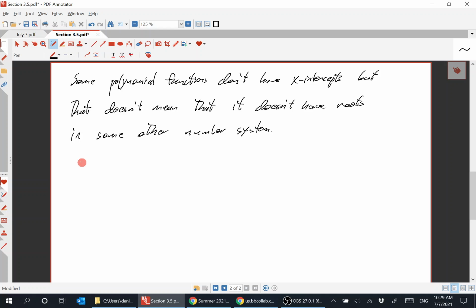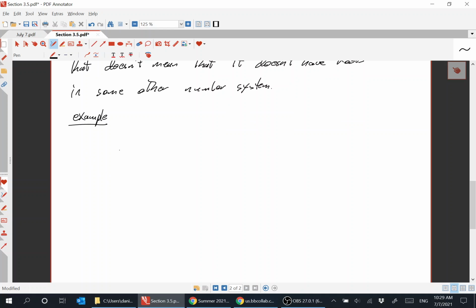So, for example, y equals (x minus 1/2) squared plus 3/4. So this is 1/2, and that's 3/4 on the y-axis.